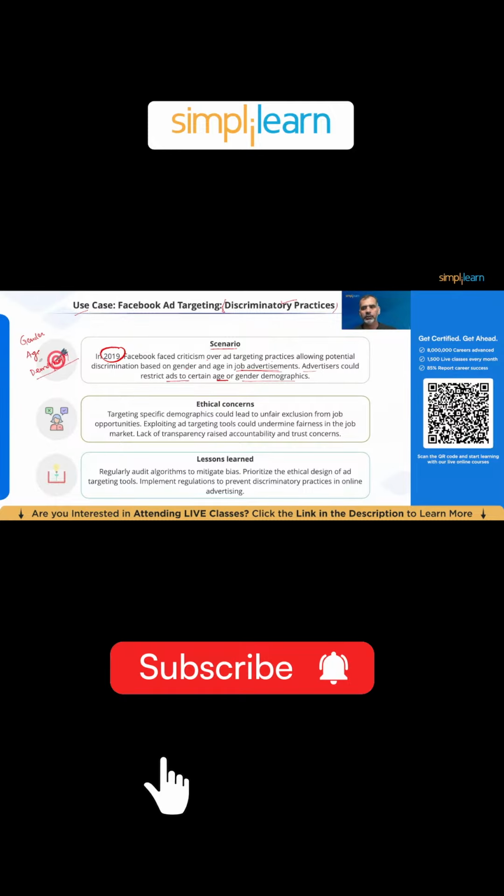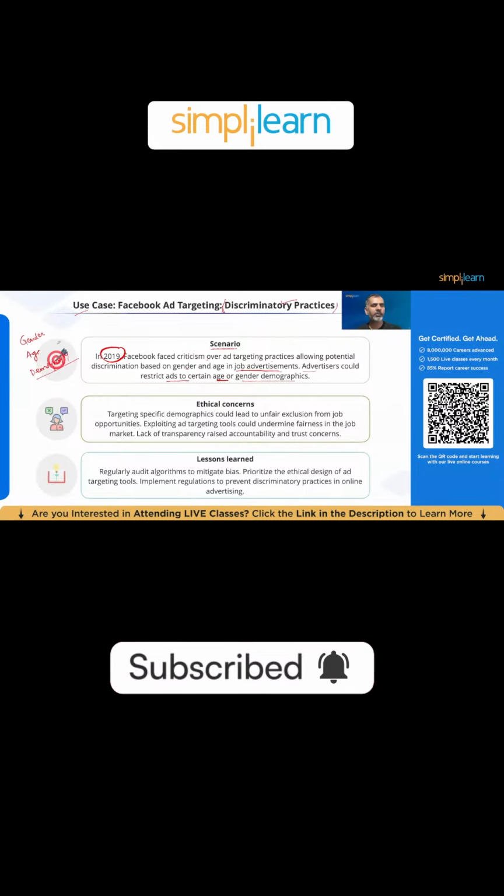But this is one of the features of that application, guys. So when we use Facebook for social advertisement, we can add different filters. You may add filters based on gender, based on age, or based on certain demography. These are the different features that Facebook has, and you can apply these filters.